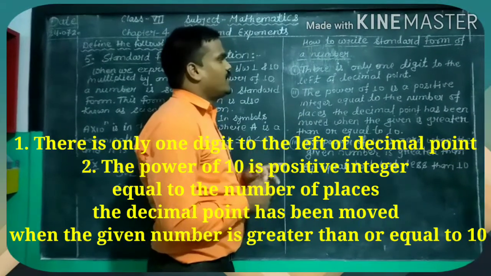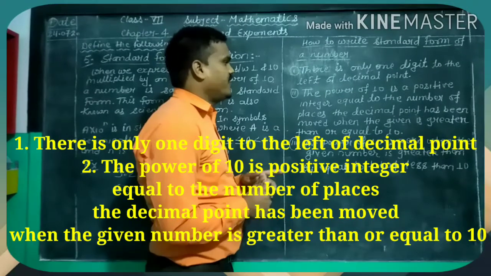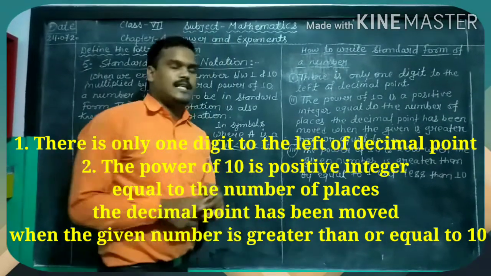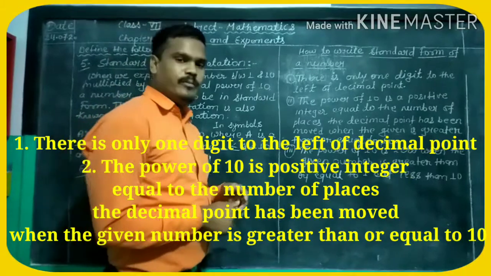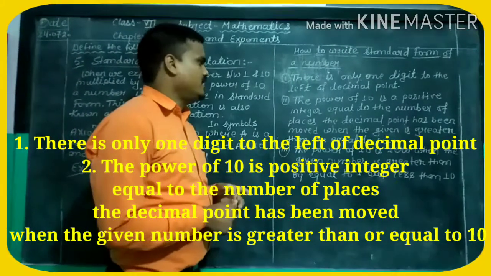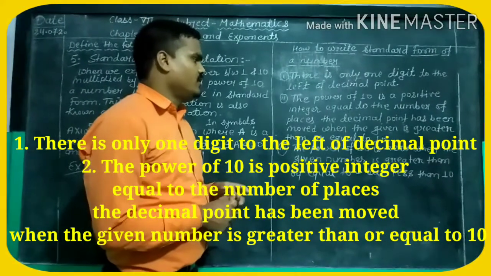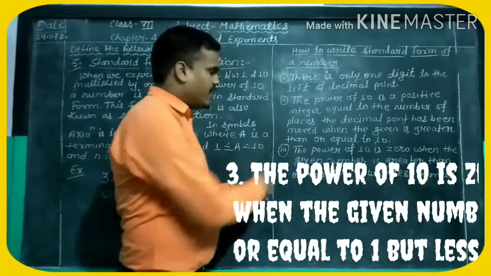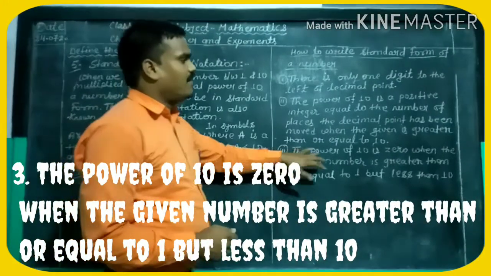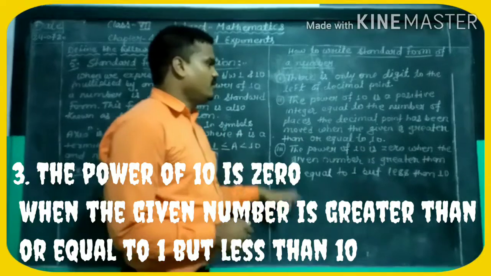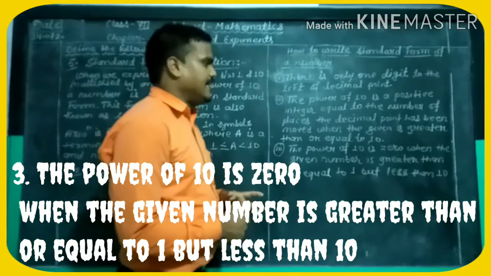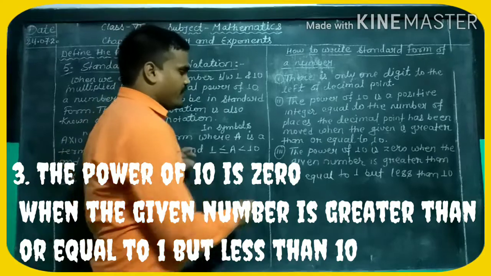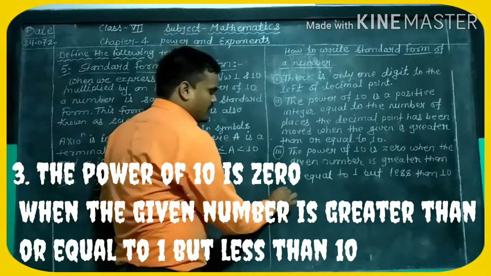Second point: the power of 10 is a positive integer equal to the number of places the decimal point has been moved when the given number is greater than or equal to 10. We will explain again with an example. Third point: the power of 10 is 0 when the given number is greater than or equal to 1 but less than 10.